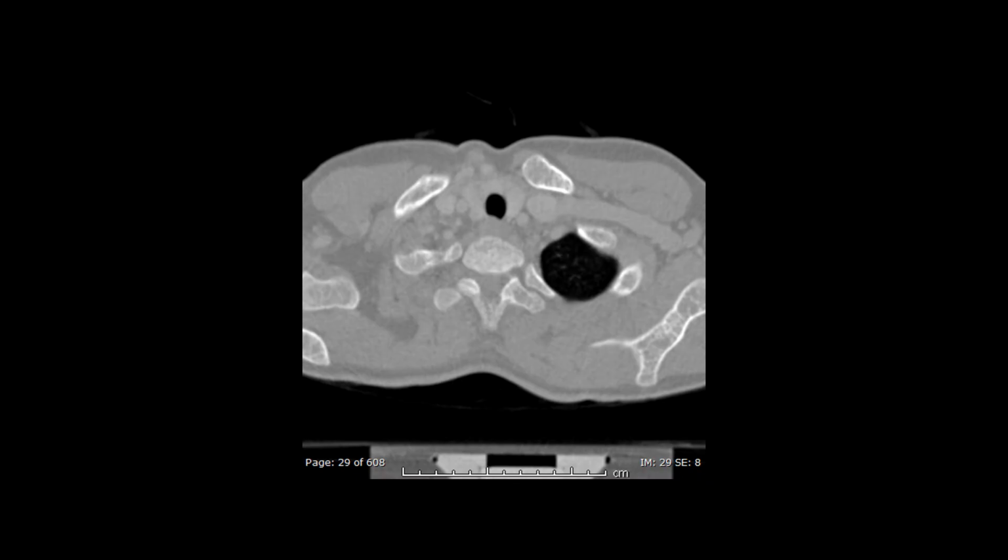So this has been in fact a case of partial anomalous pulmonary venous drainage, and the anatomical abnormality is very well seen on this CT.